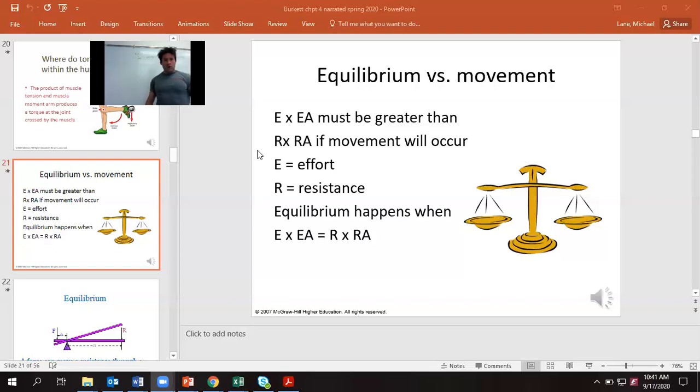And the arm itself is usually going to be somewhere like 5 to maybe 10% of body mass. We'll say it's 7%.